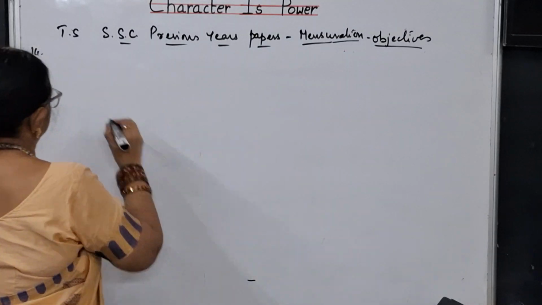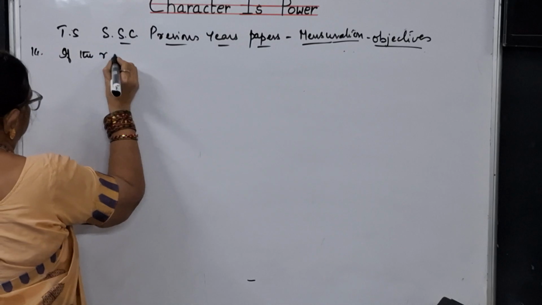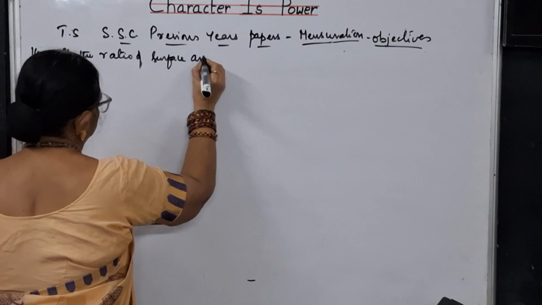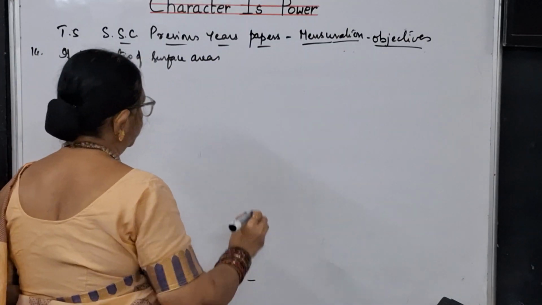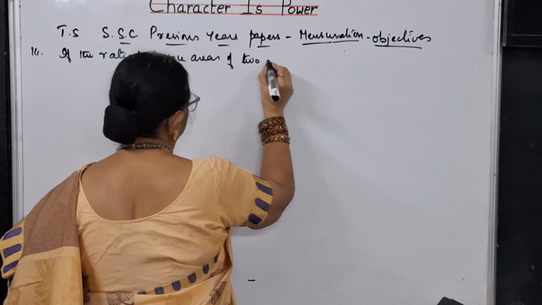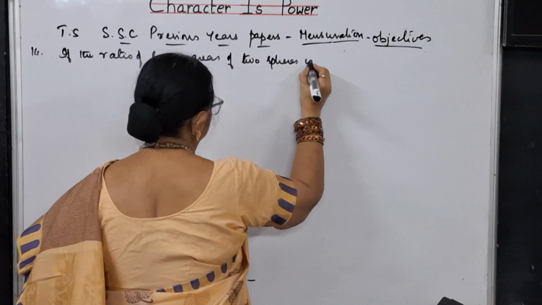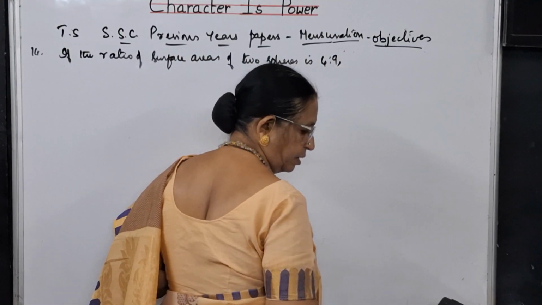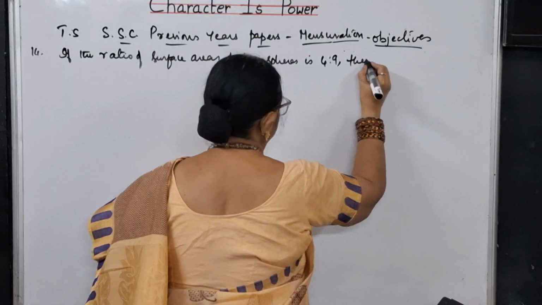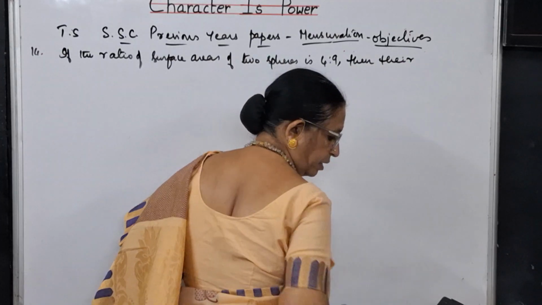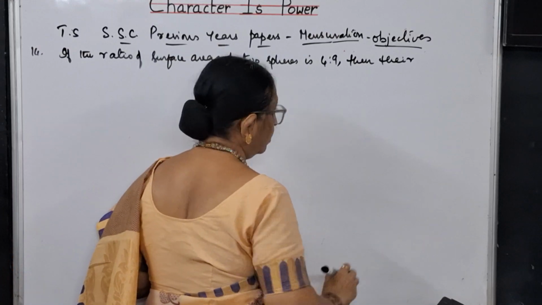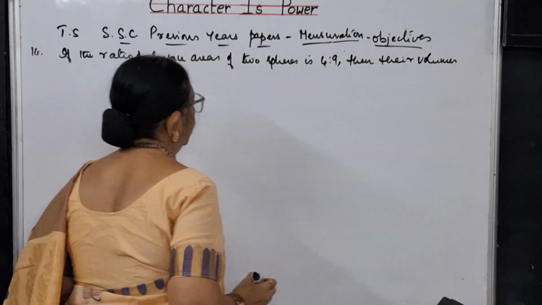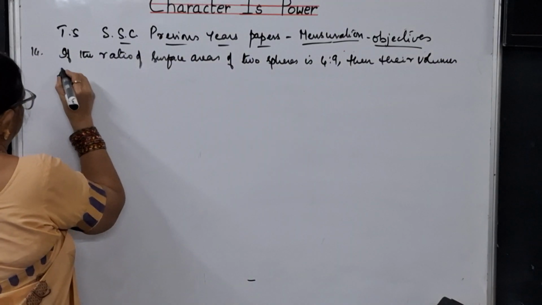If the ratio of surface areas of two spheres is 4:9, then their volumes is dash.